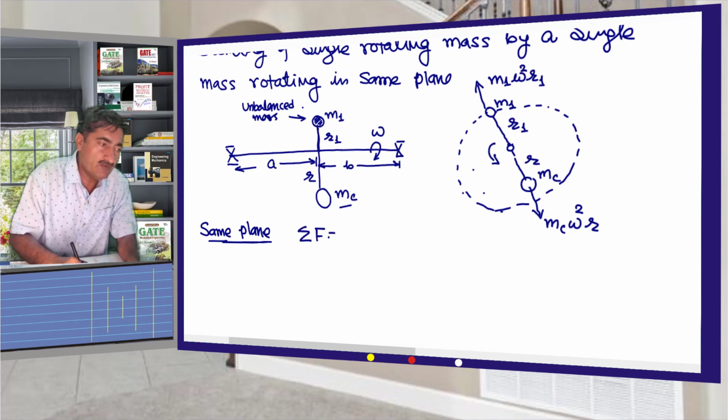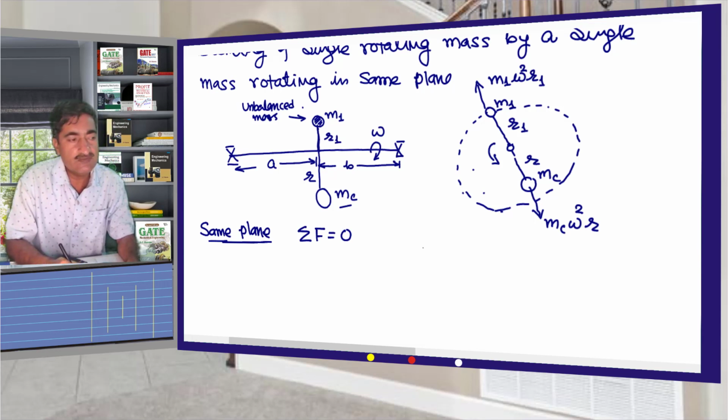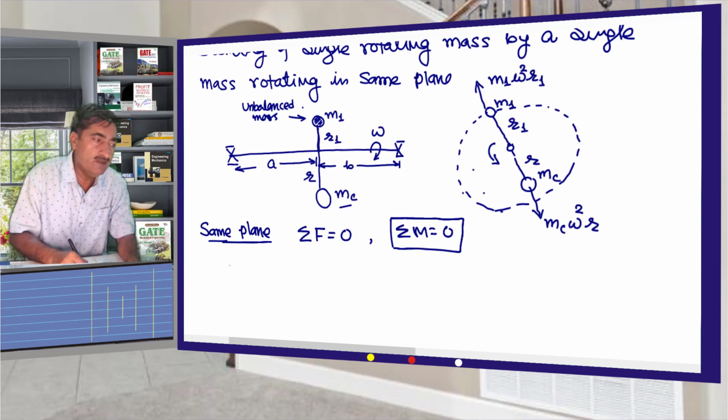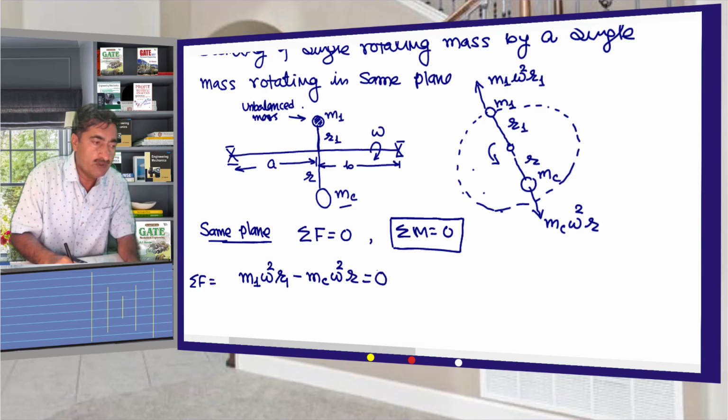What is the condition for perfect balancing? The resultant force and resultant moment should be equal to 0, because due to same plane there is no moment. So here only static balancing. Then M1 omega square R1 minus MC omega square R should be equal to 0.